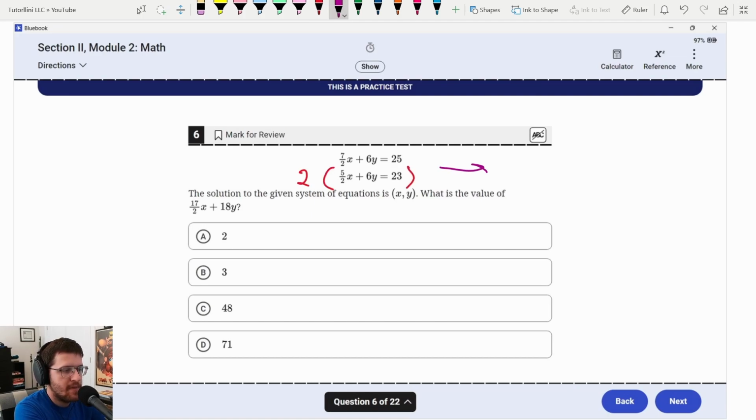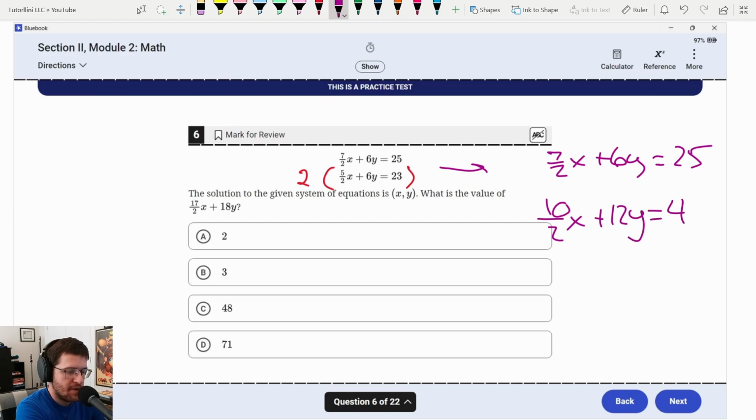So I have 7 halves x plus 6y equals 25. And now I'm going to leave it in terms of fractions just to make it easier later. 2 times 5 halves is 10 halves x. That's really 5, but I'm just leaving it in terms of halves because I know we're going to need that. 2 times 6y is 12y. And then 2 times 23 is 46.